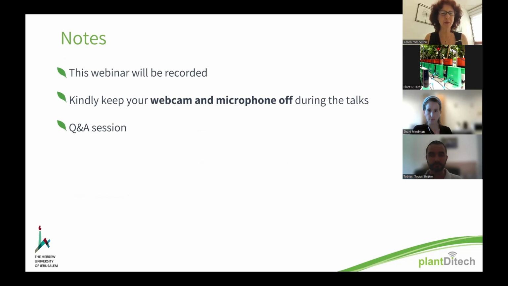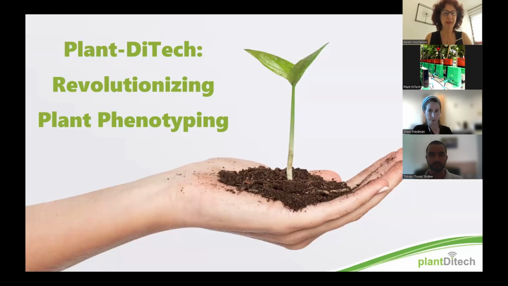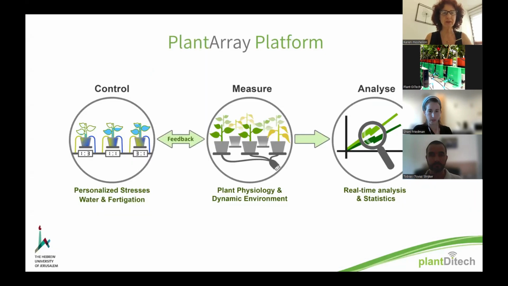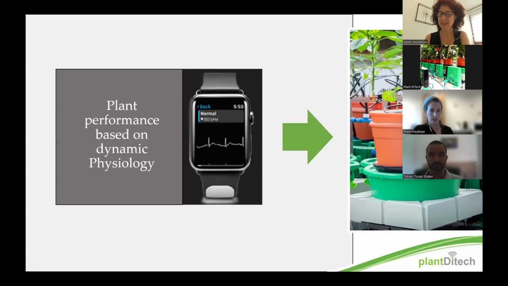Let's start with the introduction of the plant array technology. The plant array platform is a high-throughput physiological phenotyping system controlling and measuring many plants continuously and simultaneously. It's kind of like a smartwatch, which measures the plant's dynamic response, but for many plants simultaneously.